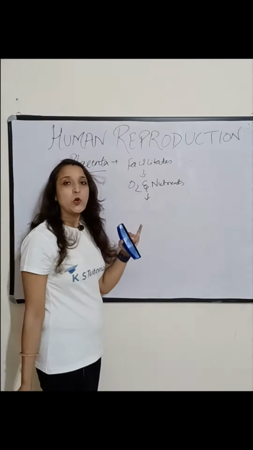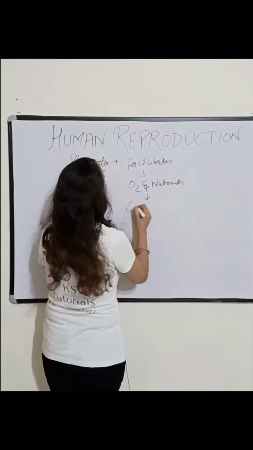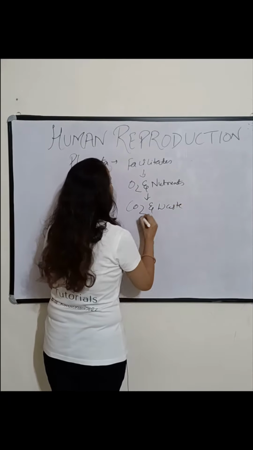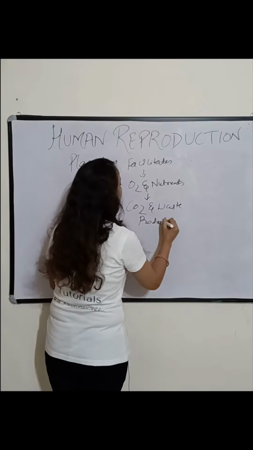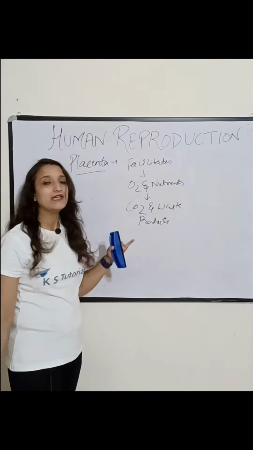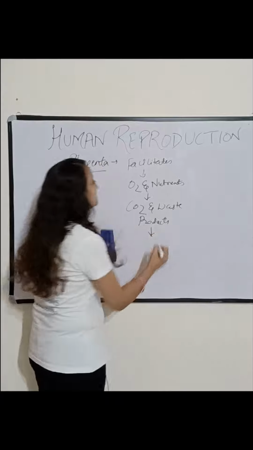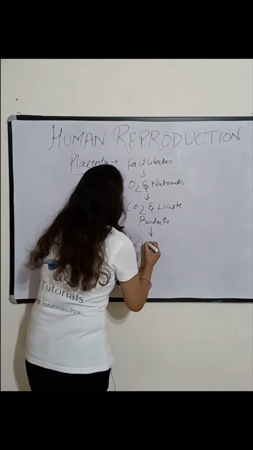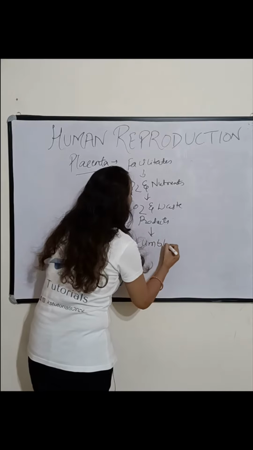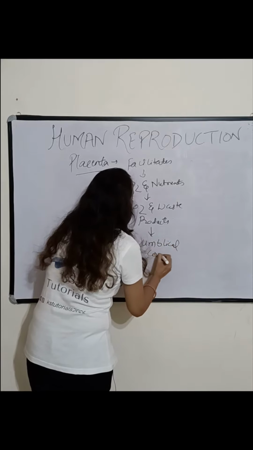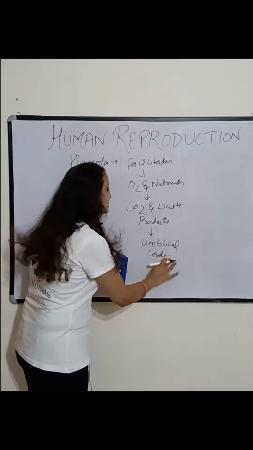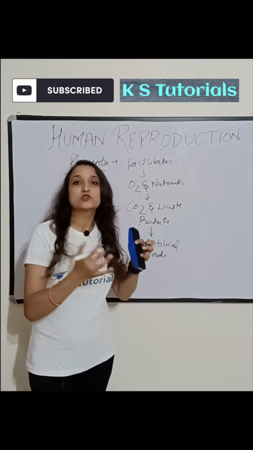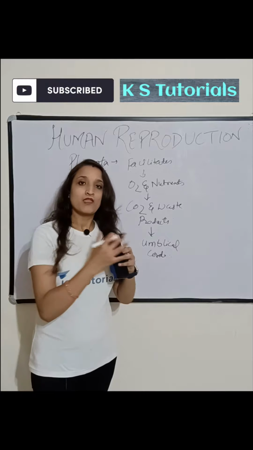It also helps in the removal of carbon dioxide and waste products produced by the embryo. This placenta is connected by an umbilical cord, which helps in the transport of substances to and from the embryo.